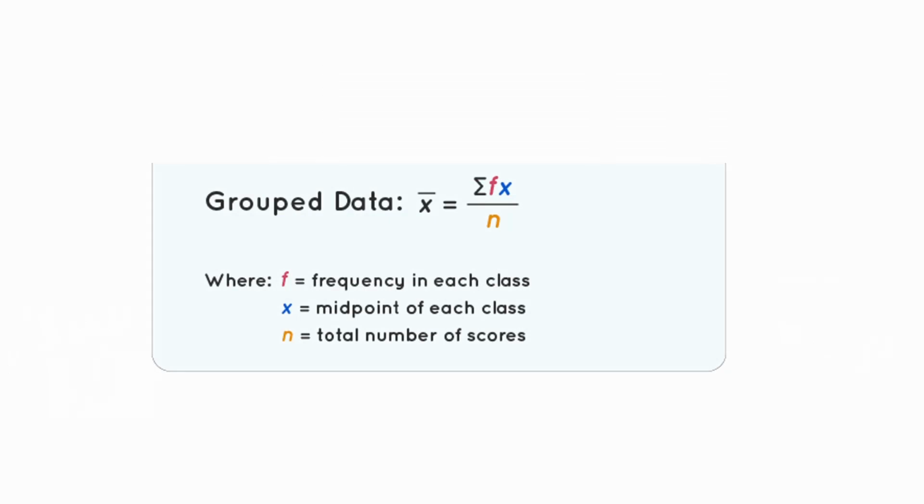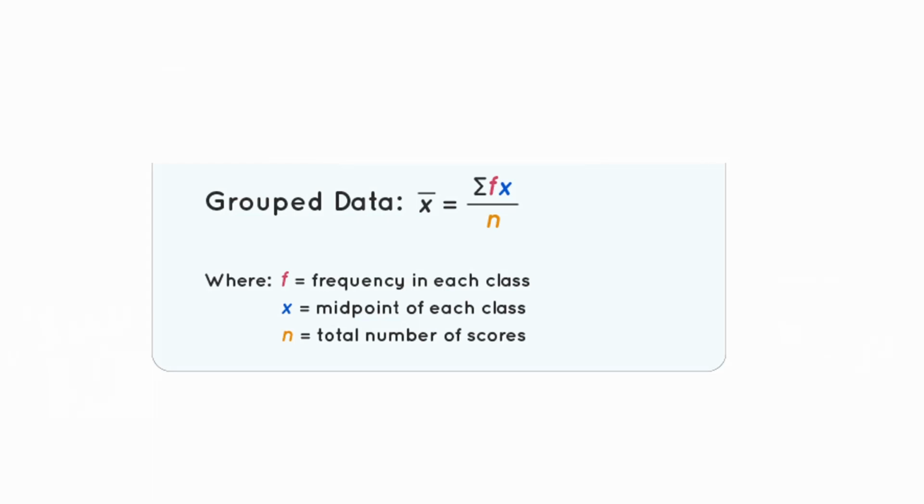The next case is grouped data, or the case of discrete series. In the case of discrete series, the equation for calculating the arithmetic mean is x bar equals sigma fx by n. f is the frequency of the class, x is the midpoint of the class and n is the total number of scores. We can use this formula in both continuous series and discrete series.